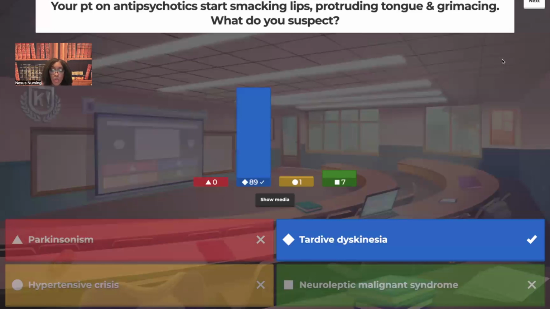And last, neuroleptic malignant syndrome. A patient can get this where they can have fever, loss of bladder function, muscle rigidity. Correct, it's not reversible.